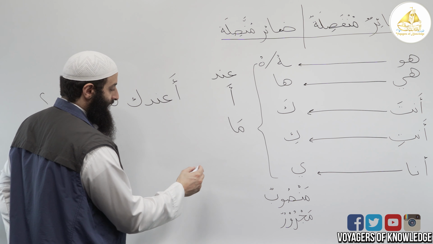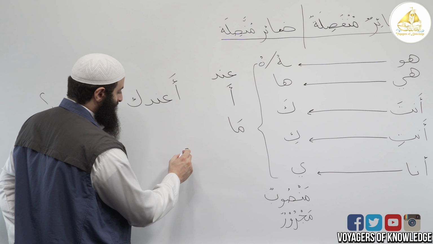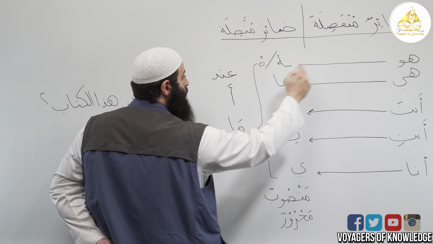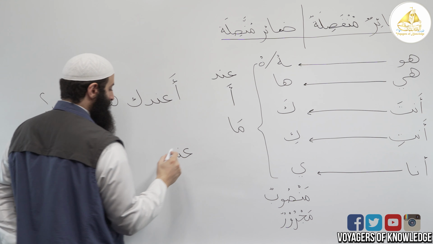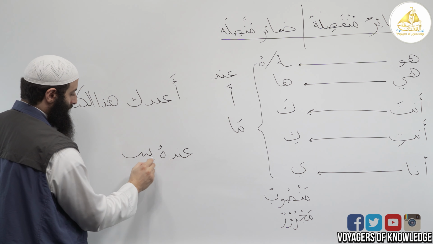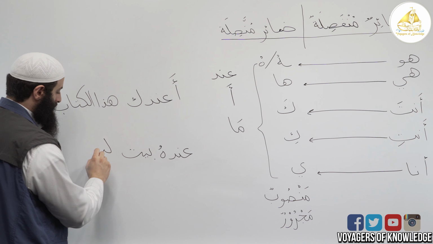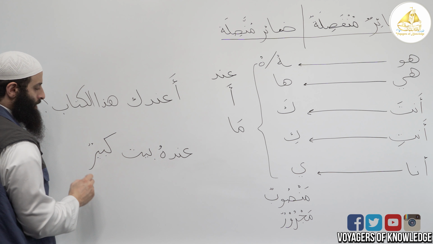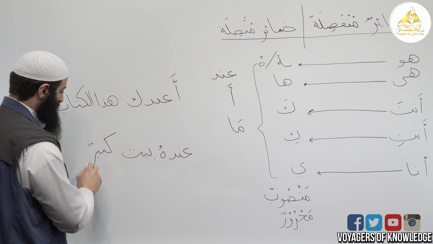Okay? He does not have. So we need inda, right? And we're going to say he for huwa, so it's adding this one. Indahu baytun kabirun. He has a big house.